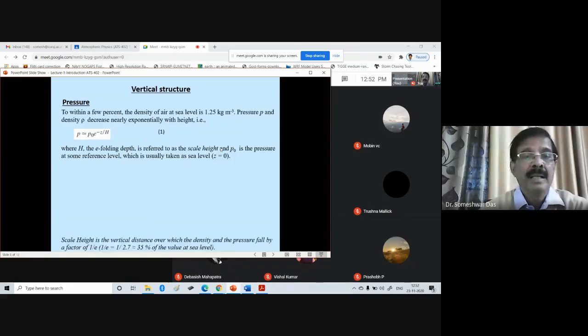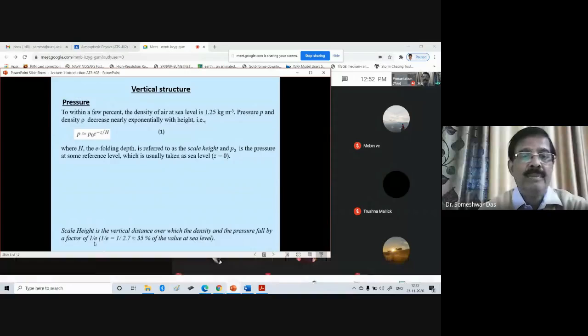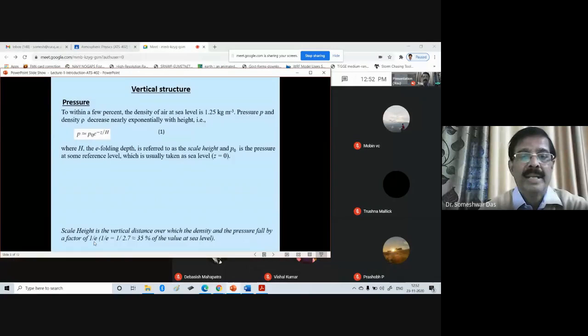The scale height is the vertical distance over which the density and the pressure fall by a factor of 1 by e, where e is approximately 2.7, so approximately 35% of the value at sea level. That means the scale height is the height above the ground where density and pressure fall to about 35% of the sea level value.